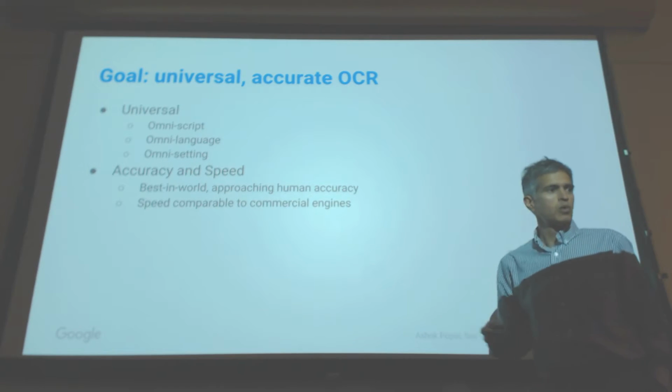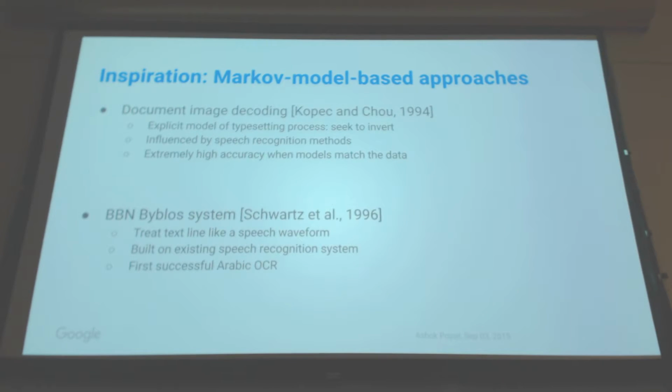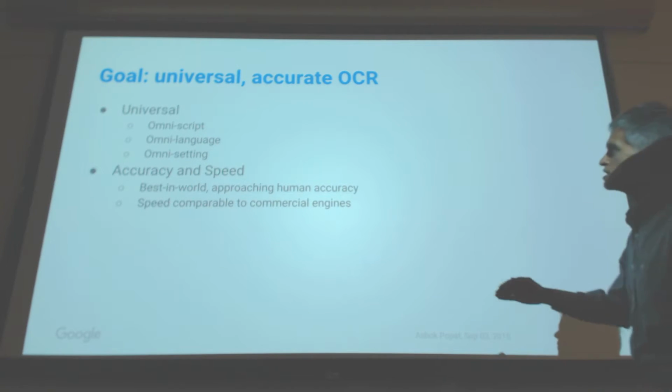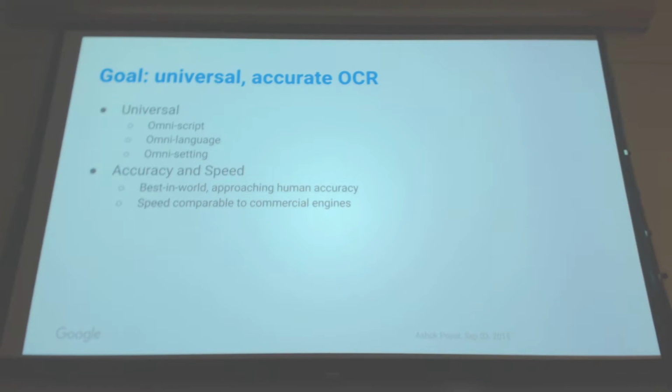Initially we wanted speed to be comparable to commercial engines, but in the last couple of years we found that was too conservative. We can actually go very fast and be very accurate, and that's thanks primarily to the work of a colleague, Yasuhisa Fuji, who is just amazing. He came from a speech background.